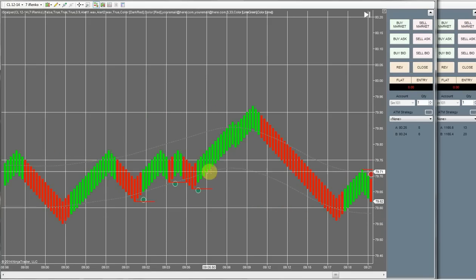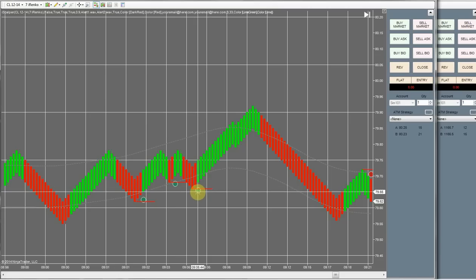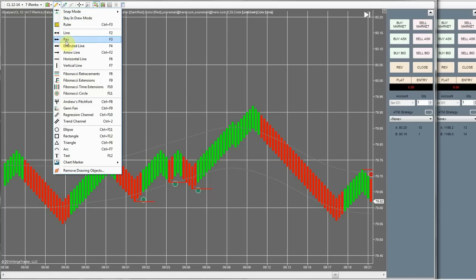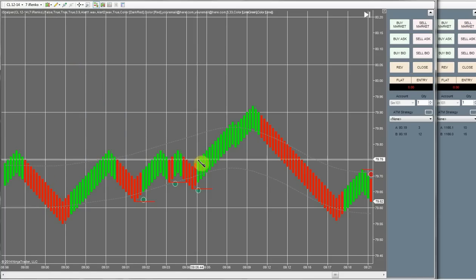Alright, let's take a look here real quick. As you can see right here, we got a green bar. Market's going up, and this bar closed right around the center, if not closer to this lower portion down here. So what we would have done is placed a pending order right here at 79.76.